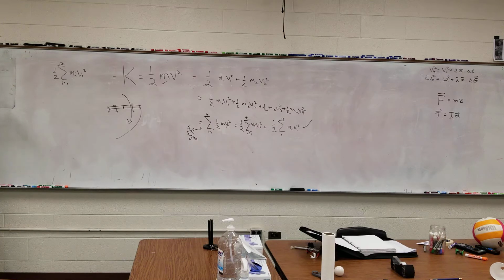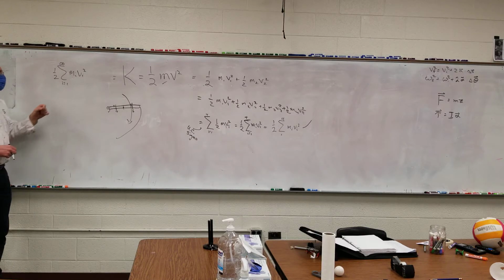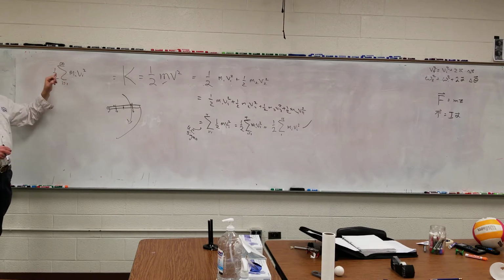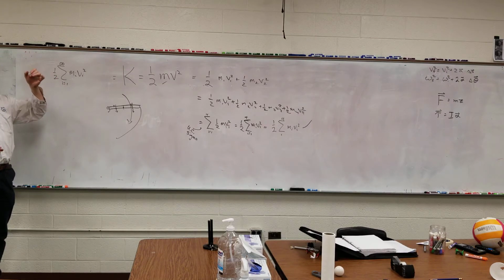Infinitely small. It's tiny, because you're taking the mass of the door and dividing it by a huge number. So we're basically doing an infinite sum of infinitesimally small things. That's what you do in Calc 2. But don't worry, we got a shortcut coming up.